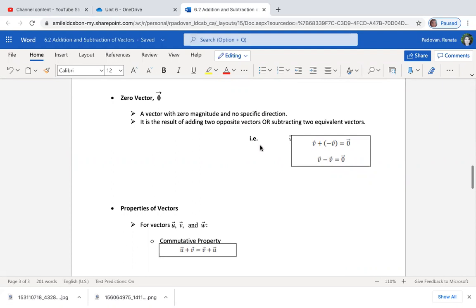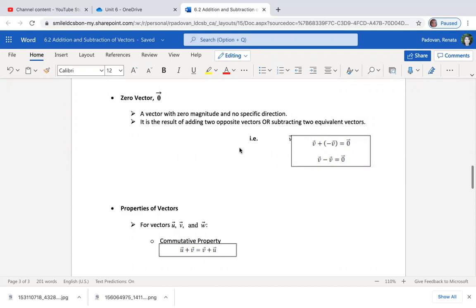So if I have two equivalent vectors that are exactly the same length going in exactly the same direction, and I'm taking one and subtracting another, exactly the same length and exactly the same direction, obviously it's like getting rid of it, right? It would have a zero magnitude and be a zero vector.